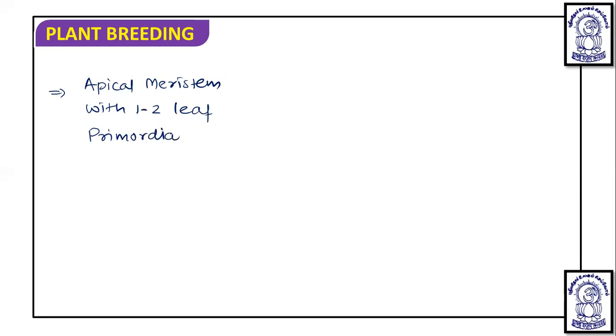So for this, what is done in the process? The apical meristem with one or two leaf primordia, leaf primordia meaning initial leaves, is taken as explant.